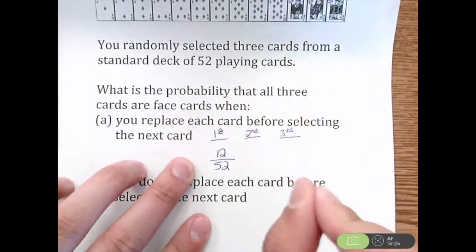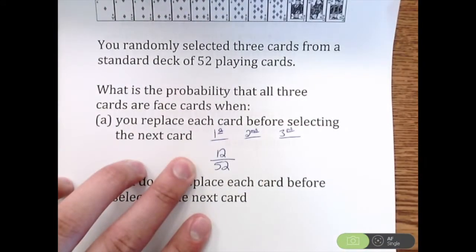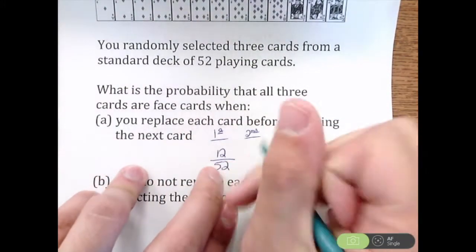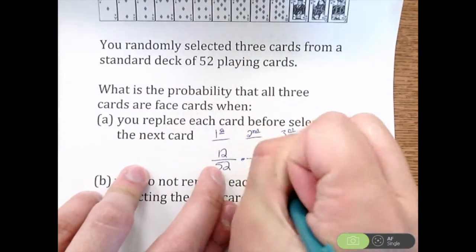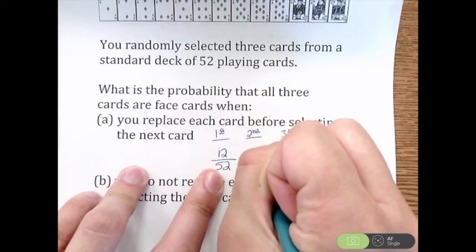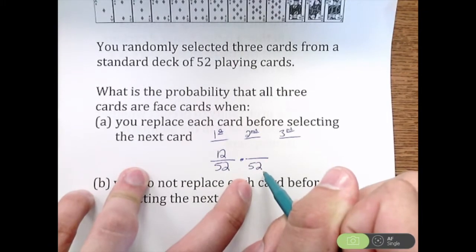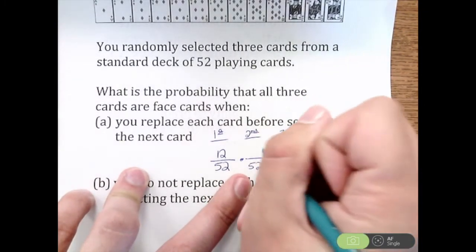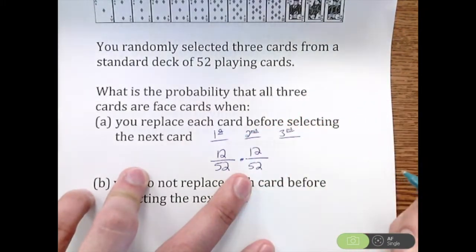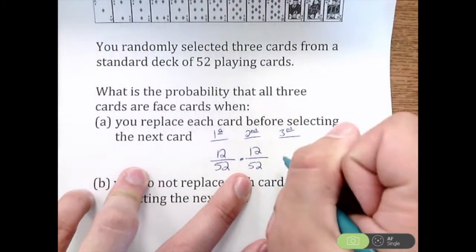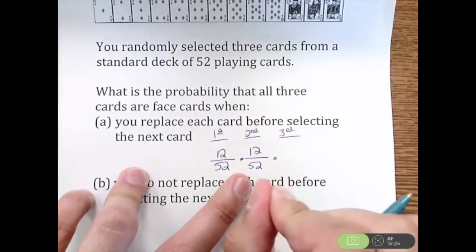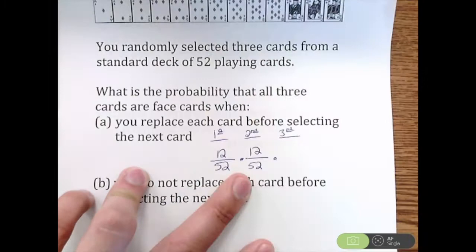Now here's the deal, I replace each card before selecting the next. So that card I pulled out, I'm going to put back in. So when I move to my second card, and I'm drawing again, I still have all 52 available because my first card was put back in. How many of those 52 cards are face cards? Well, 12 of them are still face cards. But as I draw that second card, remember, we are replacing it, so we put it back in.